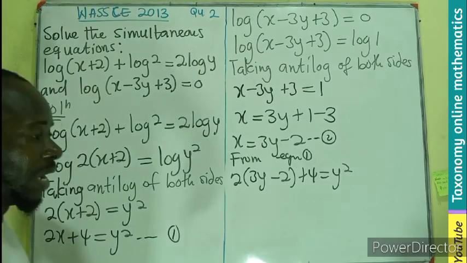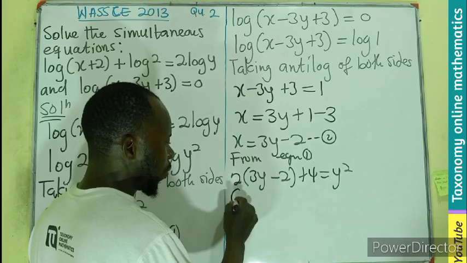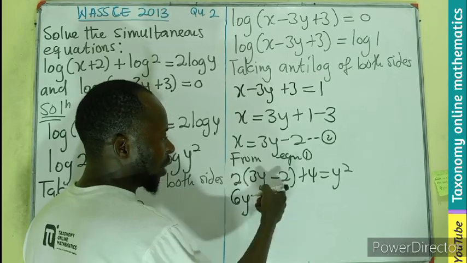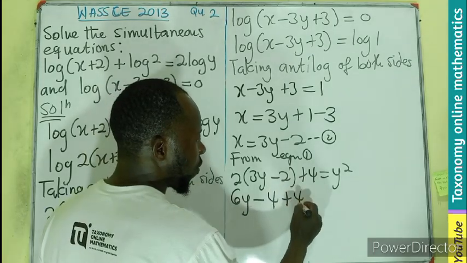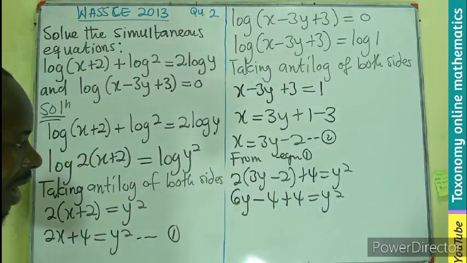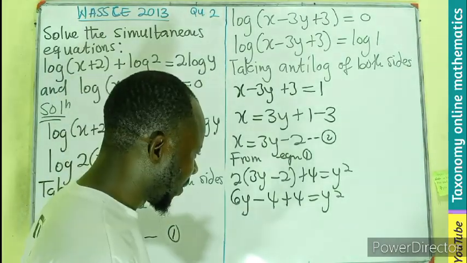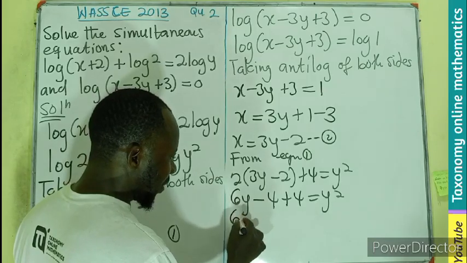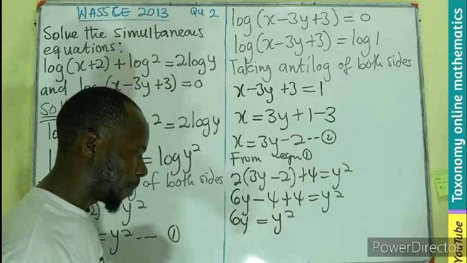So let's expand that bracket. 2 times 3y will be 6y. 2 times negative 2, negative 4, plus 4 equals y squared. Alright, what will I be having here? I think negative 4 plus 4 will be 0. Is that not it? So you'll be having 6y equals y squared.